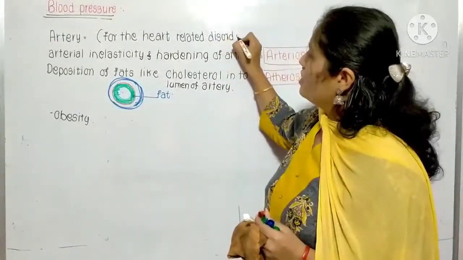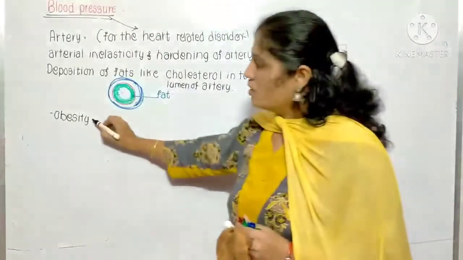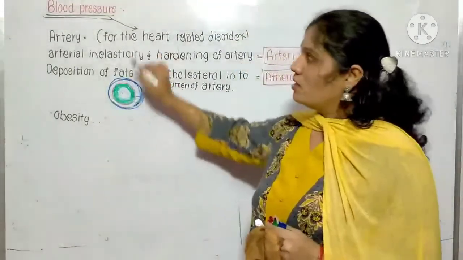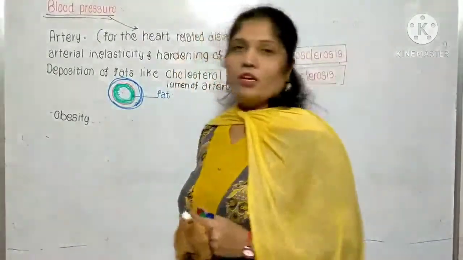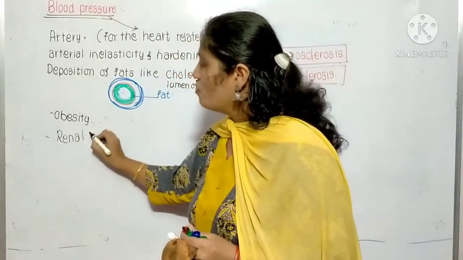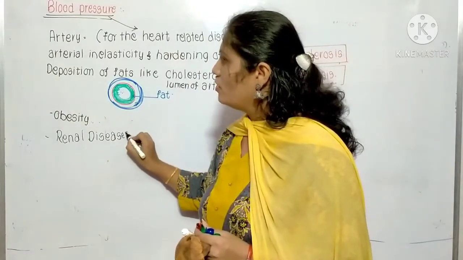Whenever a person is more obese, in that person there is a high chance of blood pressure. If a person has a renal disease, meaning kidney problem, then the blood pressure increases in them.